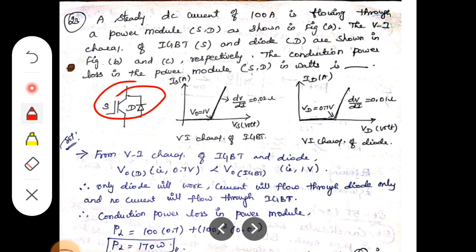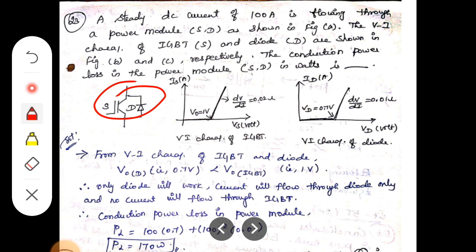So from these characteristics we can easily find out the V naught of the diode, which is equal to 0.7 volt, less than the V naught of the IGBT, because the IGBT has a voltage value of 1, much greater than the diode voltage. So only the diode will work, current will flow through the diode only, and no current will flow in the IGBT.